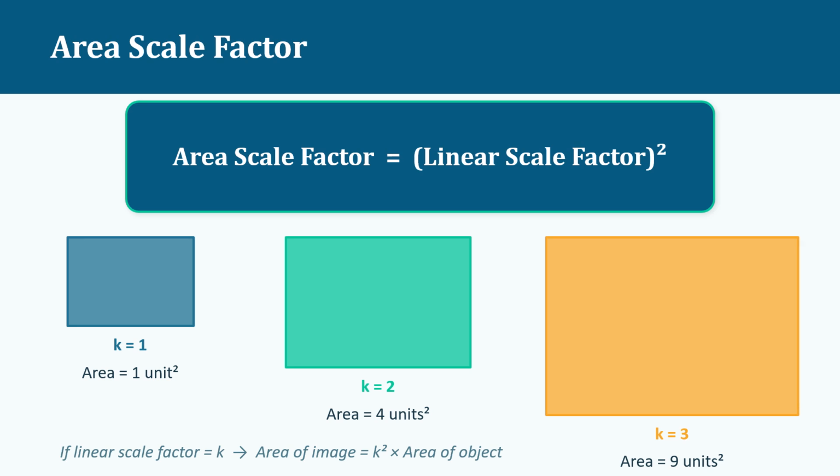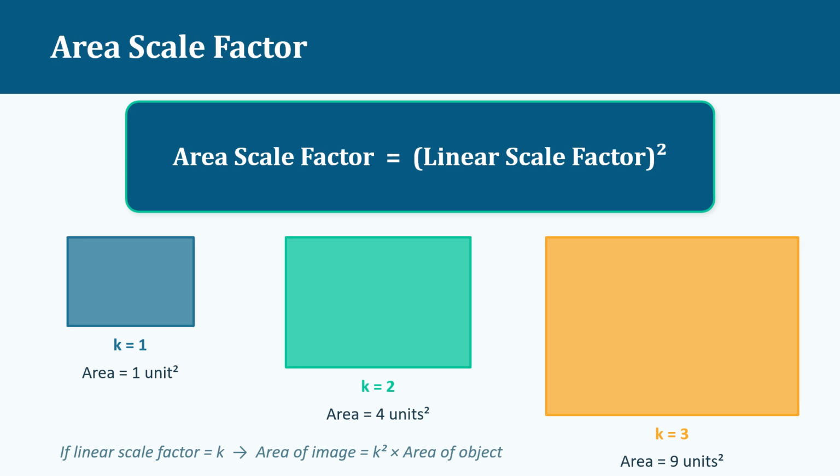If we are to get the area scale factor, which is how much the area has been enlarged, it's going to be 4 divided by 1, which is 4. So to get the area of the second square, you need to multiply the area of the first square by 4. So the area scale factor is 4. The linear scale factor is 2.